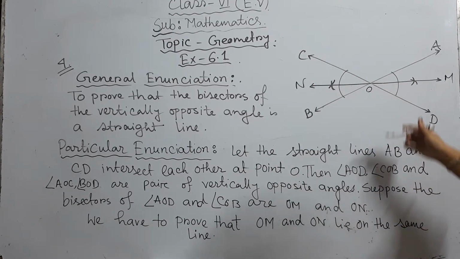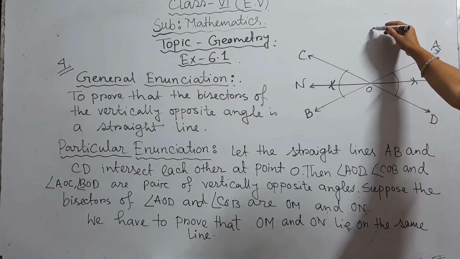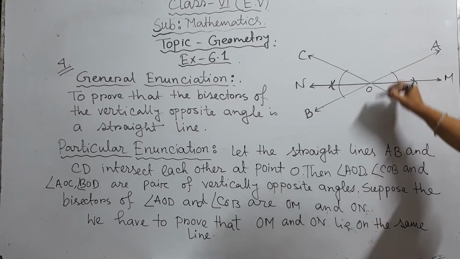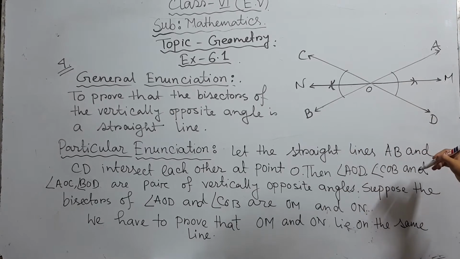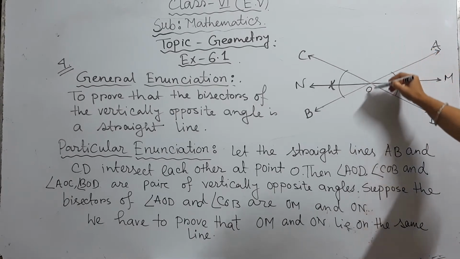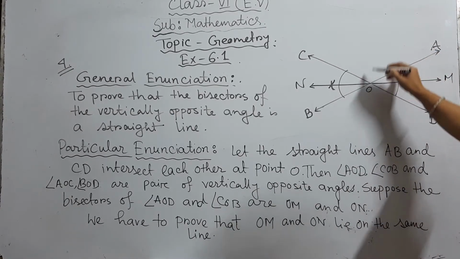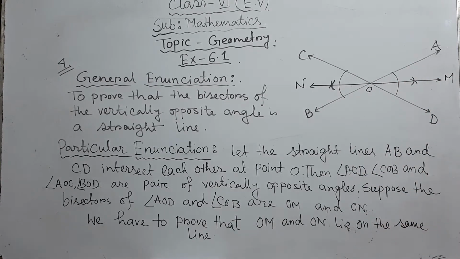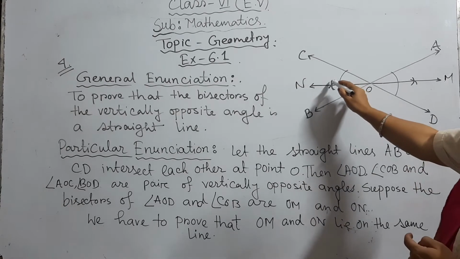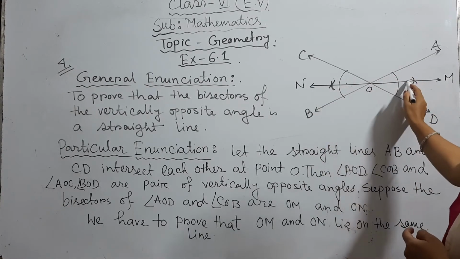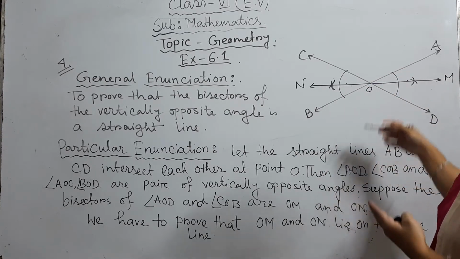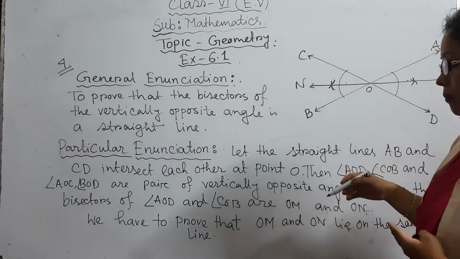Dear students, you can bisect the other two vertically opposite angles also. This one also you can prove. You can draw a bisector of these two vertically opposite angles and prove the theorem. Here we are bisecting these two angles, but if you want, you can bisect these two vertically opposite angles also.